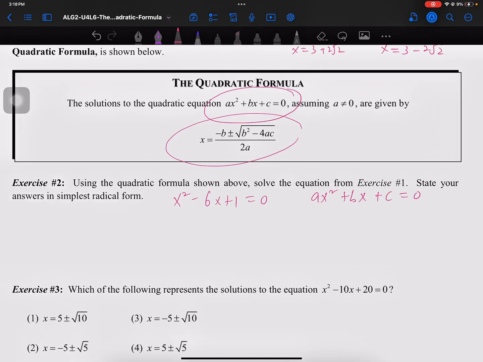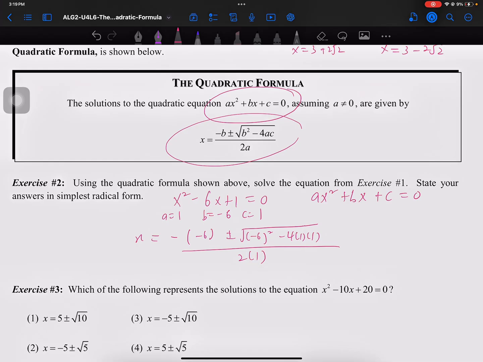If you compare, we know that a is 1, b is negative 6, c is 1. So then we put it inside the formula. Negative b is negative 6, plus minus the square root of negative 6 squared minus 4 times 1 times 1, over 2a, a is 1.